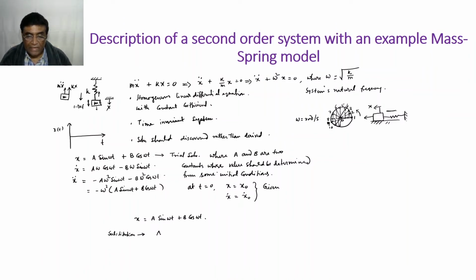That means I can substitute A equal to some constant C cos phi, and substitute B equal to constant C sin phi, where phi is a constant, C is a constant, and phi is called, incidentally, the phase angle, which we'll discuss later on.